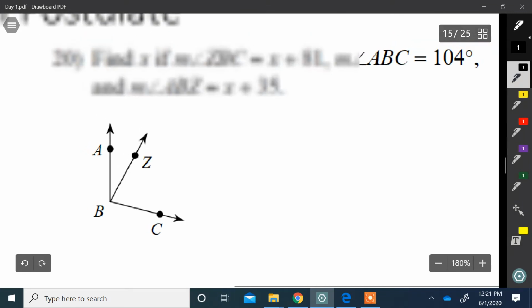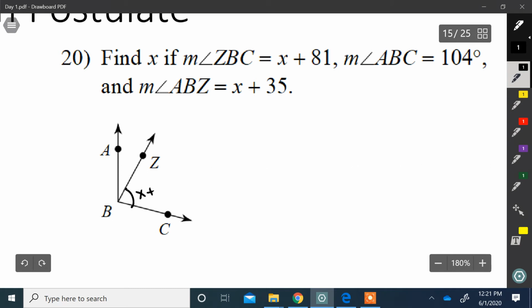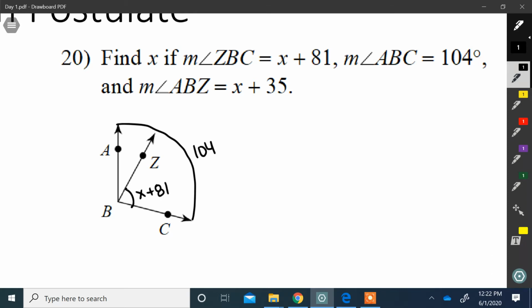All right, same idea with this one. We have CBD, so it's this one right here. We have x plus 81. Then we have ABC, which is the whole angle right here, is 104. And then we also have ABD, which is x plus 35.